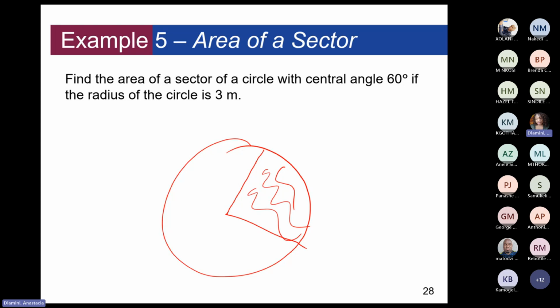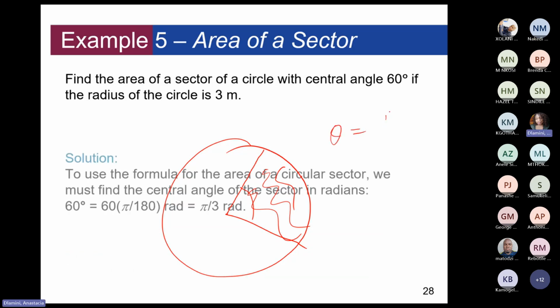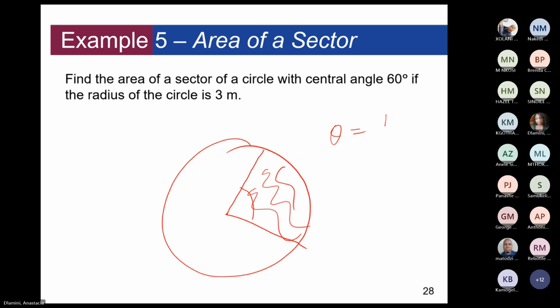Now, what is the angle? The angle is 60 degrees, and we know that we're not dealing with degrees. We're dealing with what? Theta will be what? Pi over 3. Thank you. Theta will be pi over 3, and r, what's this? R will be 3.